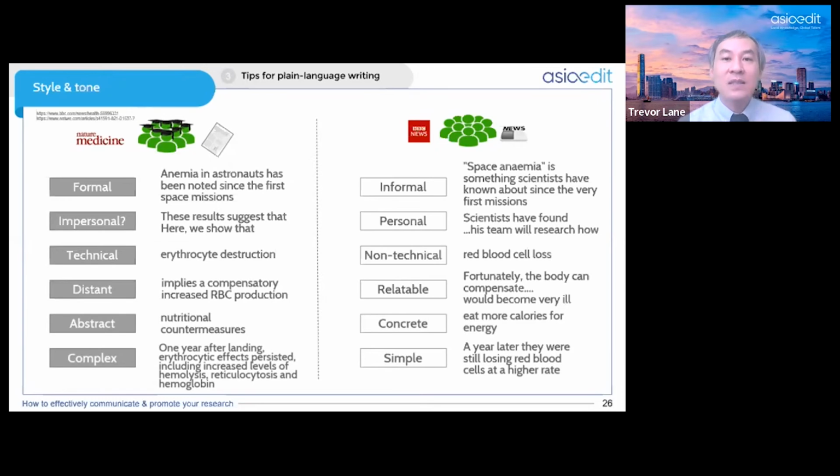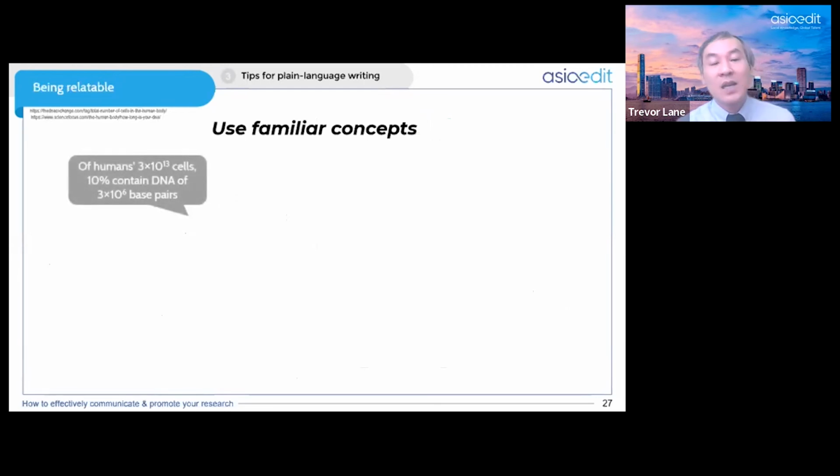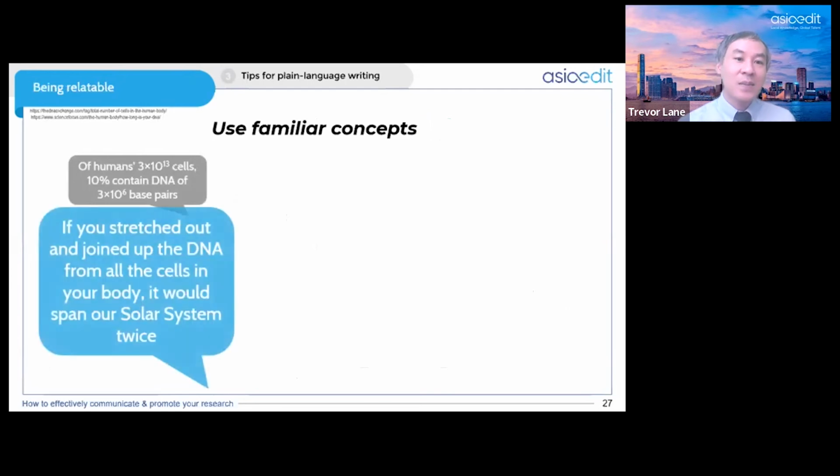So simplicity, shorter words, shorter sentences, less flowery, very approachable, relatable language. So try to do the same thing when you're writing for the public. So also think about things that the audience can relate to. So rather than this, statistics, 30 trillion cells, 3 million base pairs, you can say something like this.